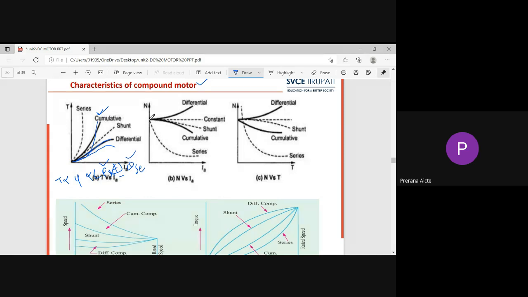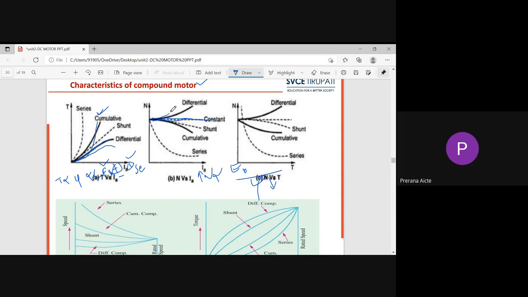Next, the speed characteristic. It is a constant speed characteristic similar to the shunt motor. In the differential compound motor, we already know the basic equation, N is directly proportional to EB by phi. Because of differential, flux reduces, speed increases.